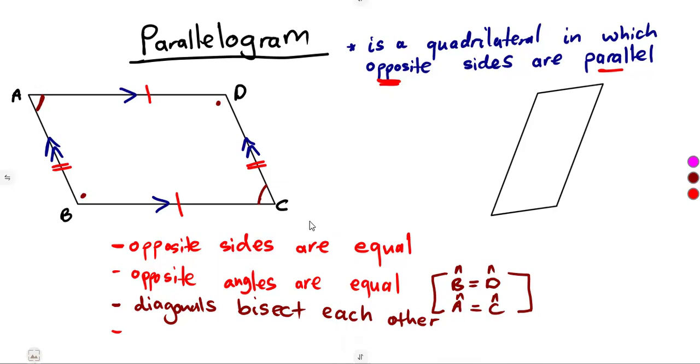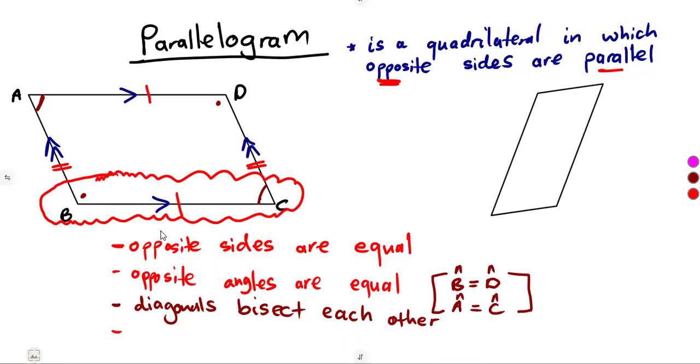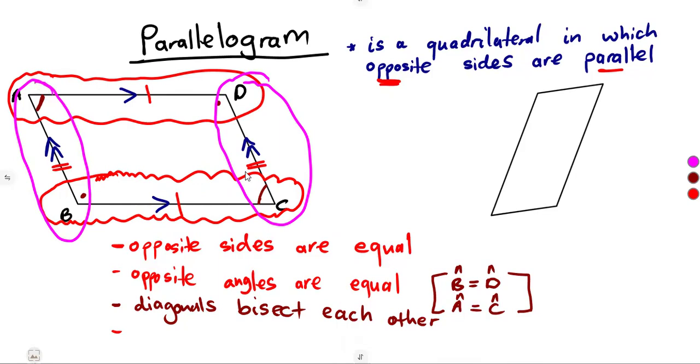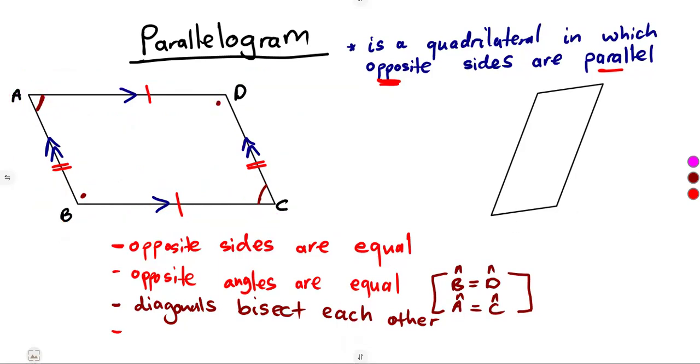Another property is that the adjacent angles add up to 180. These angles that are adjacent to each other, angle B and C, angle A and D, if I add them, they must give me 180 degrees. Angle D and C, angle A and B, adjacent angles always add up to 180 degrees, meaning to say they are supplementary.